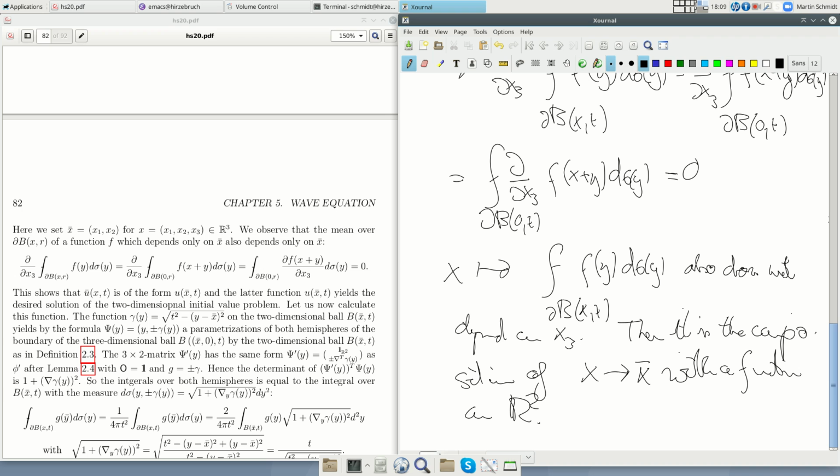And now we do exactly this procedure for the solution of the wave equation. Okay, let's do the calculation.